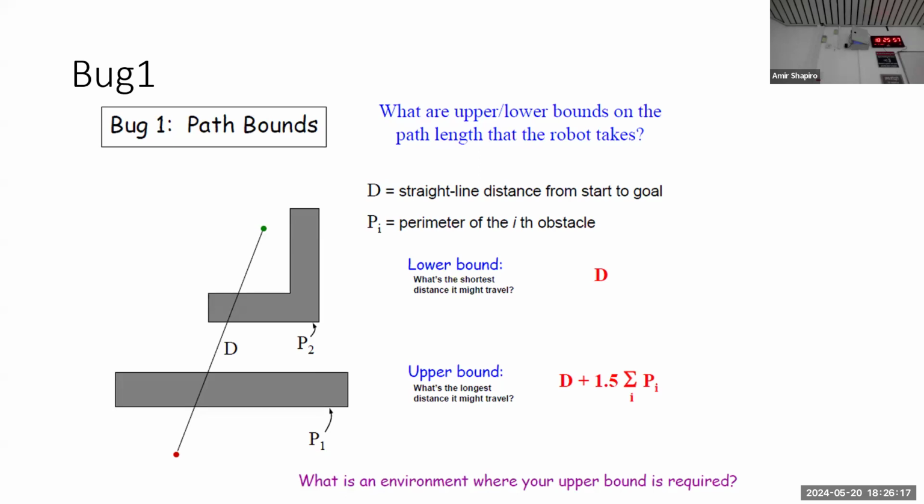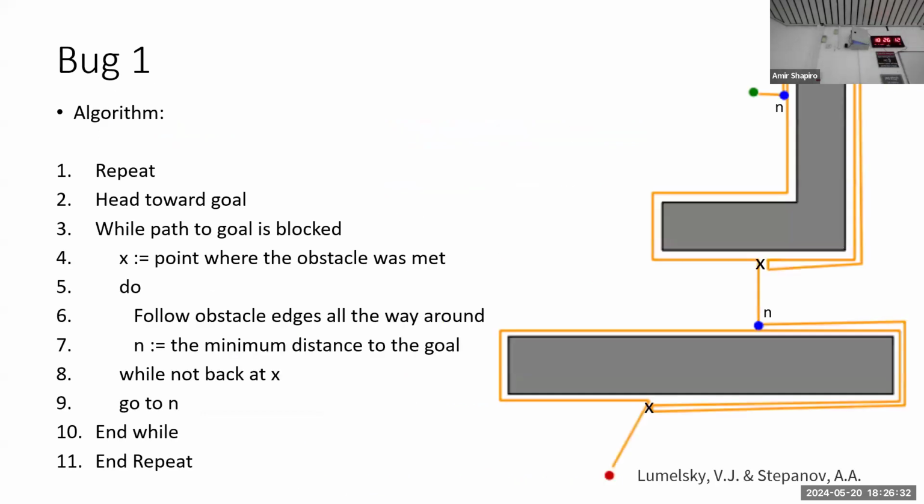Amir, does it mean that after he's mapping the obstacle, he will take the shortest route to the optimal points? Yes. Let's go back. Here, the path to the goal is blocked, so there is an obstacle.